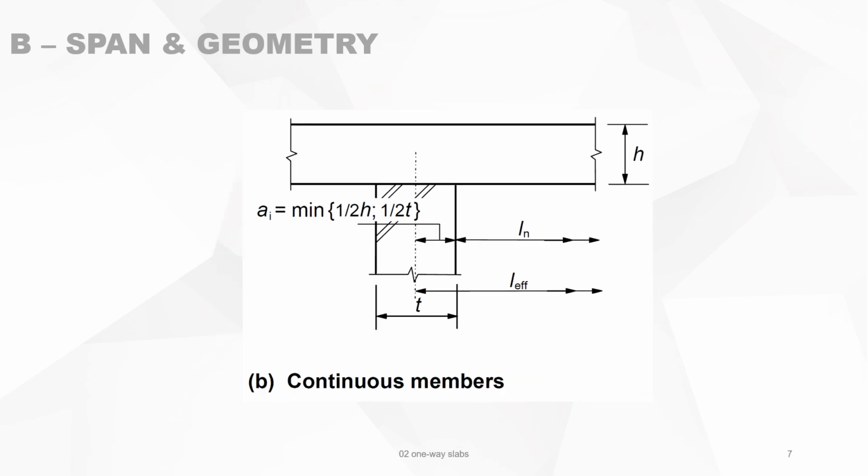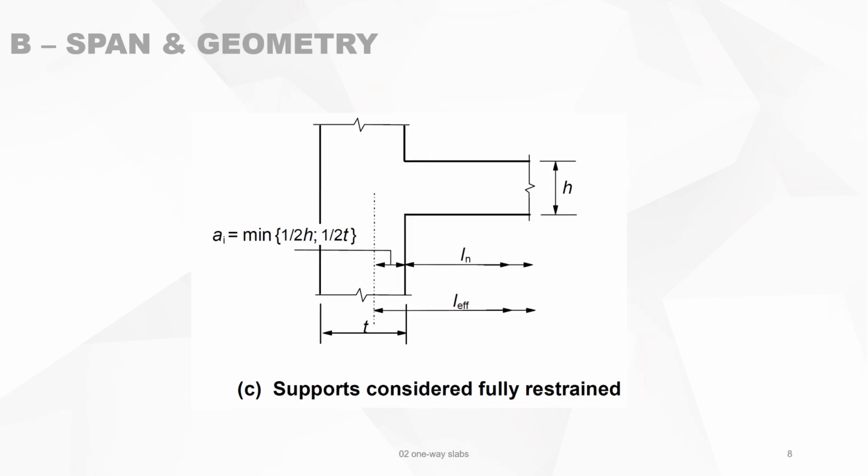When you have a continuous member, then it's the same again. It's the minimum of half the depth of the slab or half the depth of the support. When it is fully restrained, then you will see again the same formula, half the depth and half the support depth.